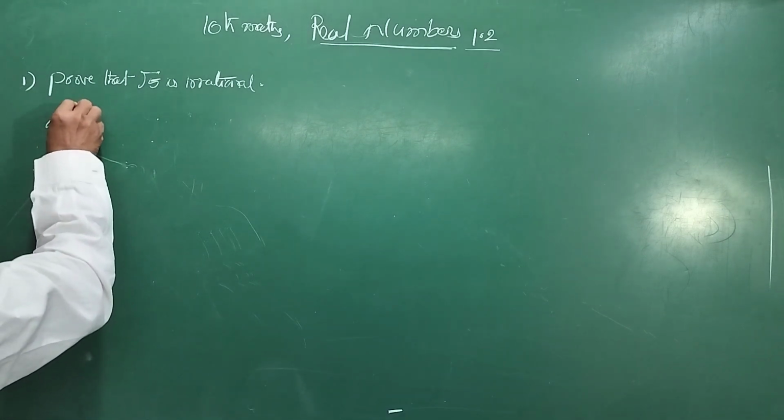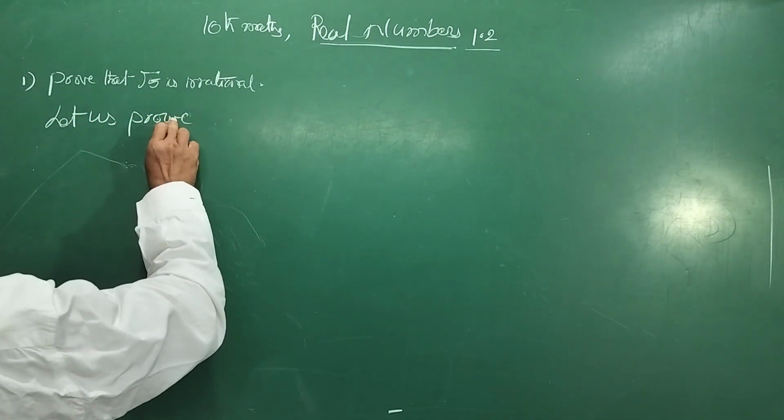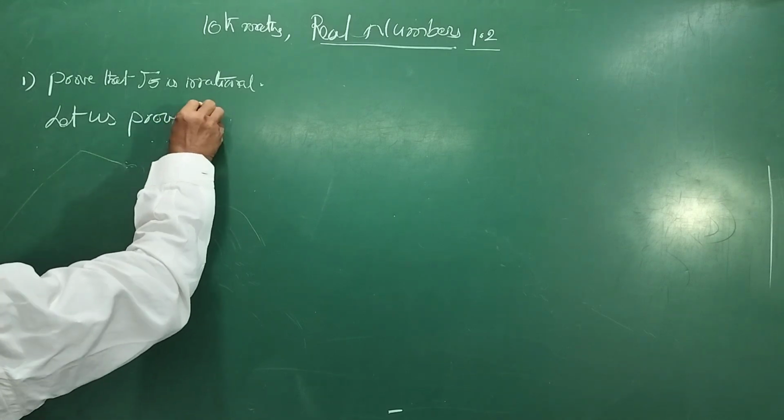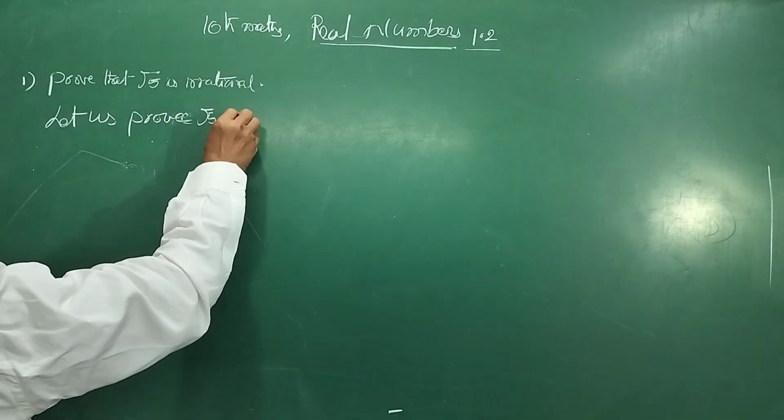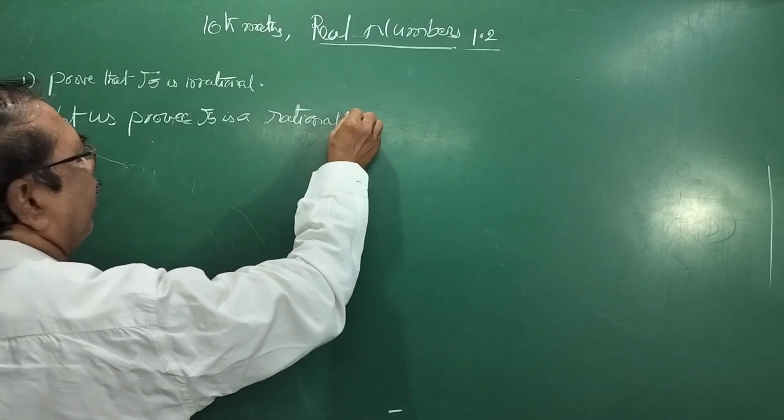Let us assume root 5 is a rational number.